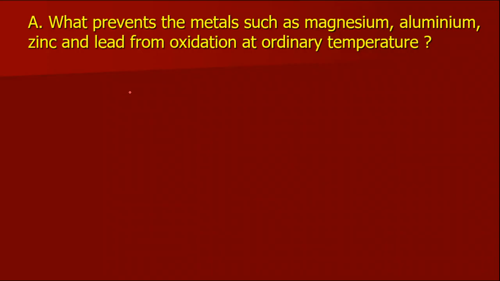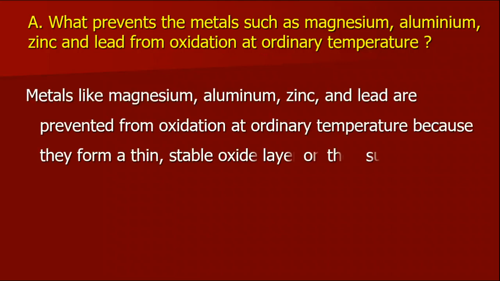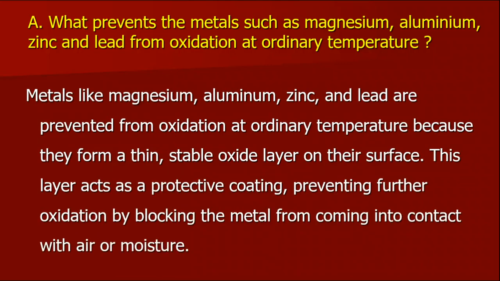Here also two questions. You can do A or B. What prevents metals such as magnesium, aluminum, zinc and lead from oxidation at ordinary temperature? Right? Answer would be in front of you.